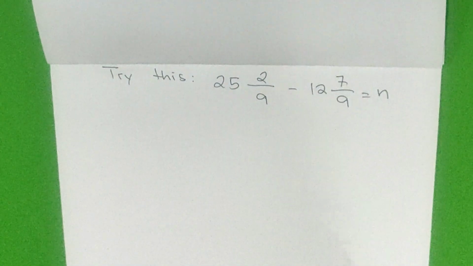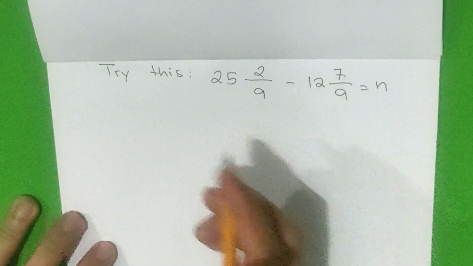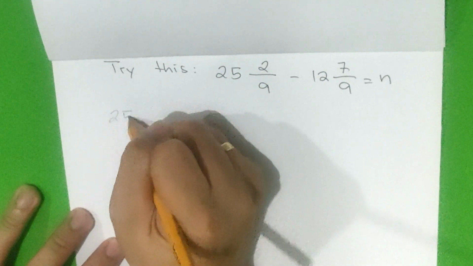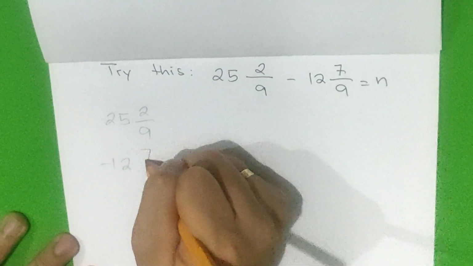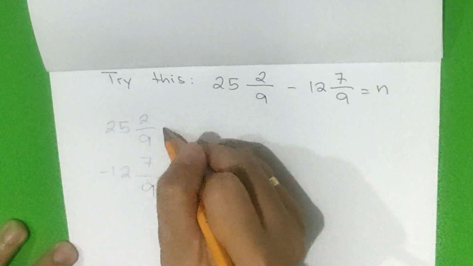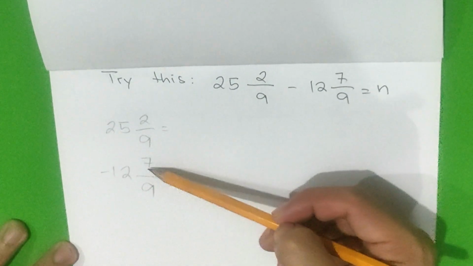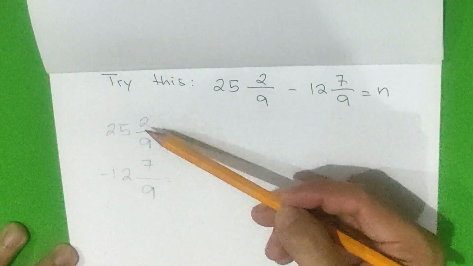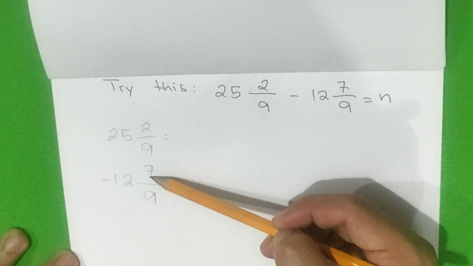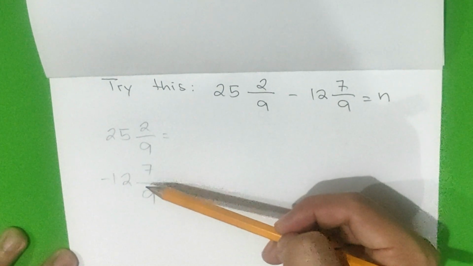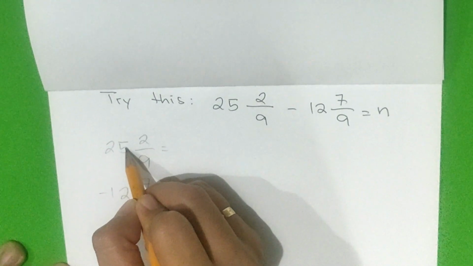Alright, let's answer this together. The first step is to align and compare the fractions. 25 and 2/9 minus 12 and 7/9. Since the minuend's numerator is lesser than the numerator of the subtrahend, let us regroup the whole number 25 and reduce it by 1.